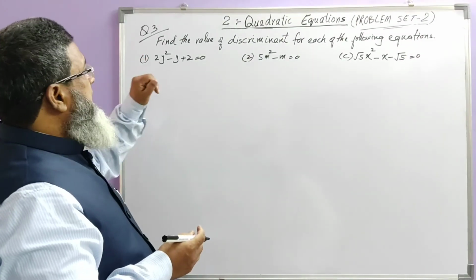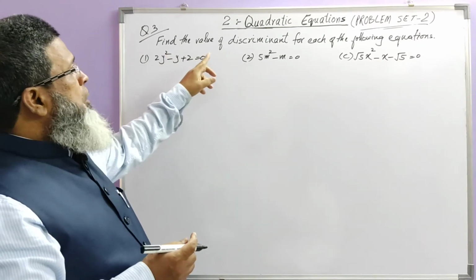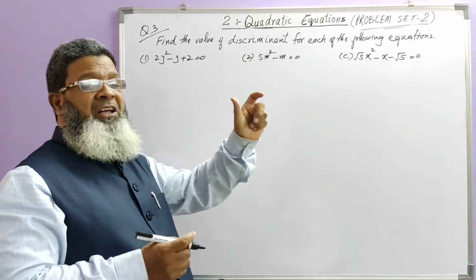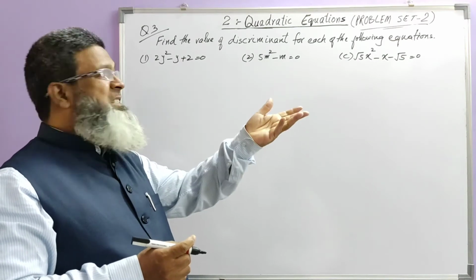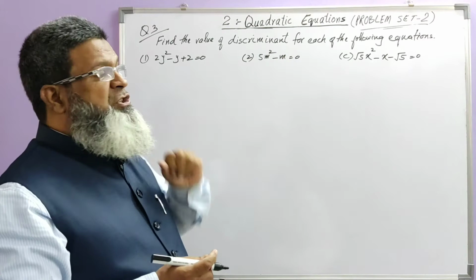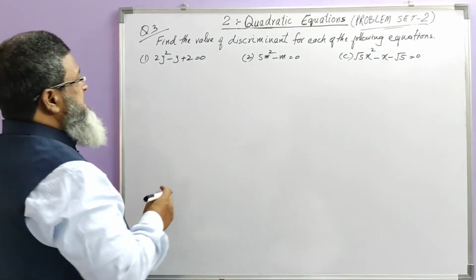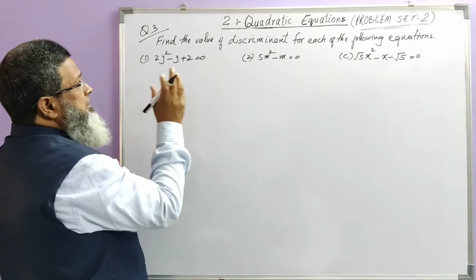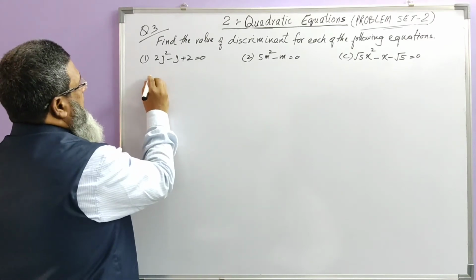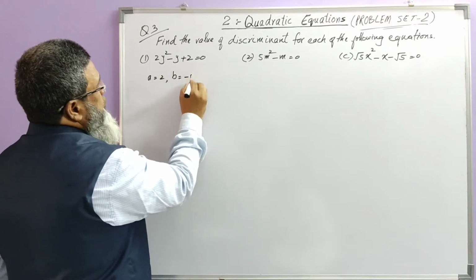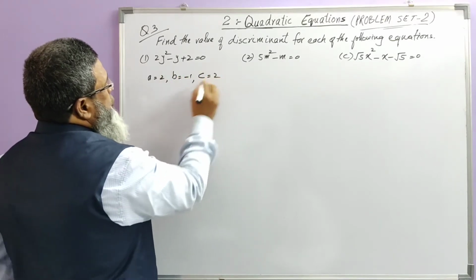In question number 3, find the value of discriminant delta, which means b square minus 4ac, for each of the following equations. So first, see, it is in the general form. Here a is equal to 2, b is equal to minus 1 and c is equal to 2.